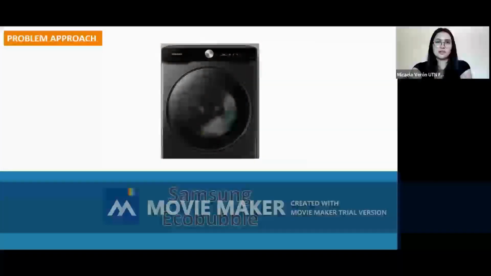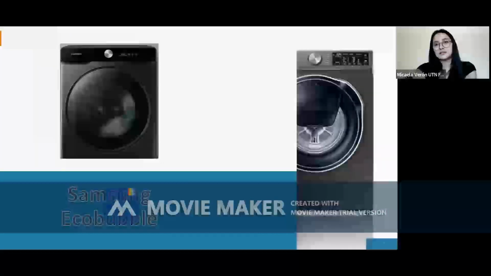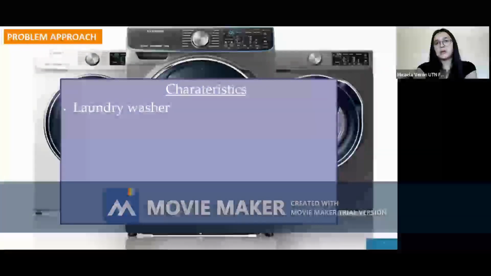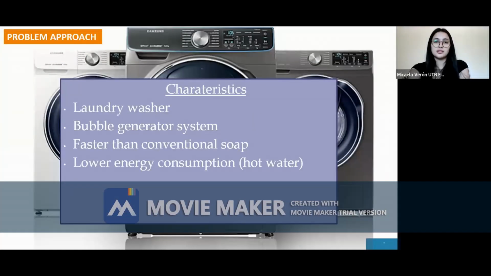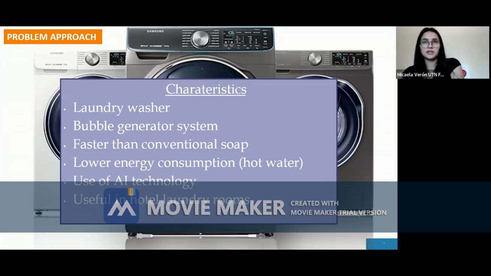The third device is Samsung Eco Bubble, a washing machine that is capable of removing dirt by means of a bubble generator system.